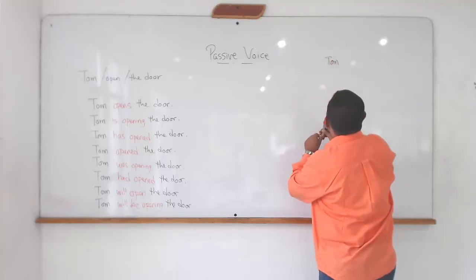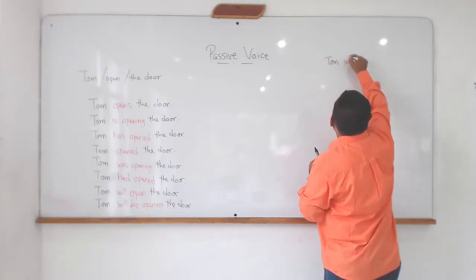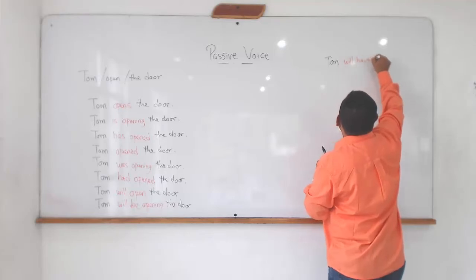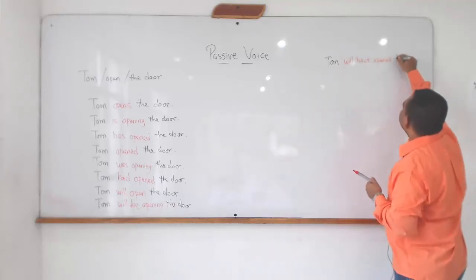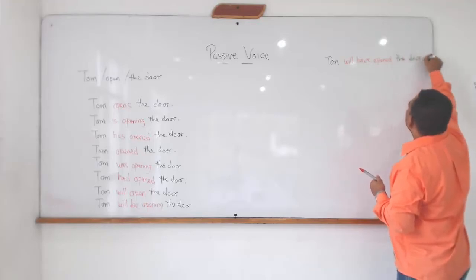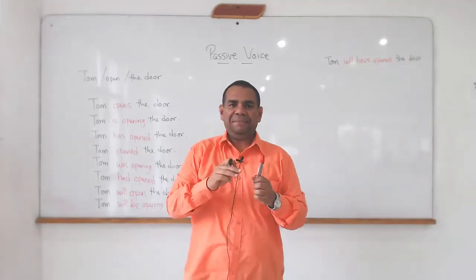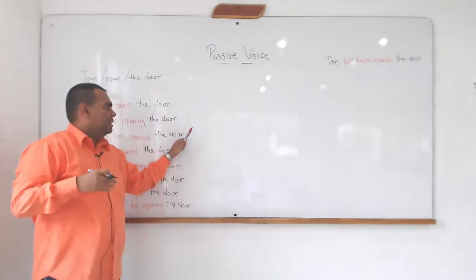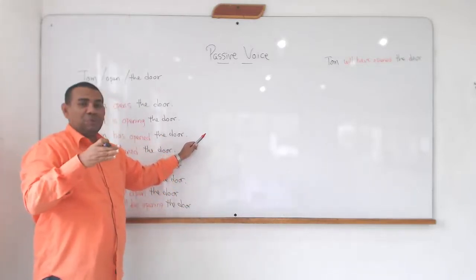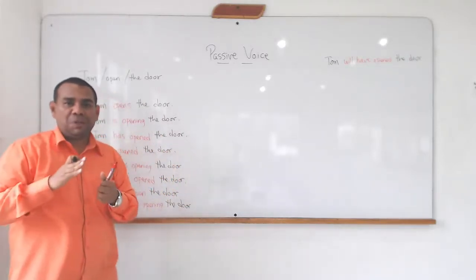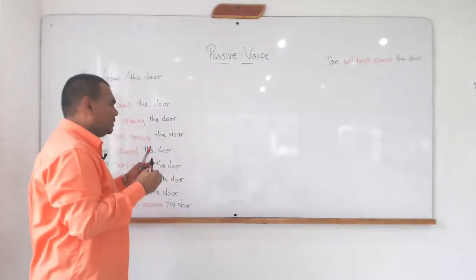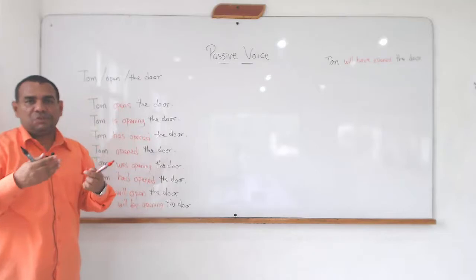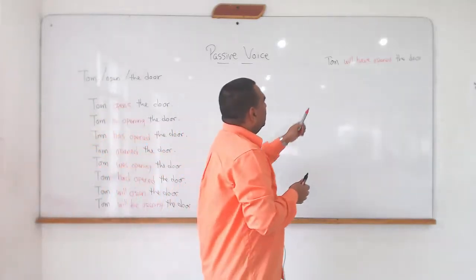Tom will have opened the door. And now we have every verb tense here. The only ones that we haven't included are the perfect continuous tenses: present perfect continuous, past perfect continuous, and future perfect continuous.